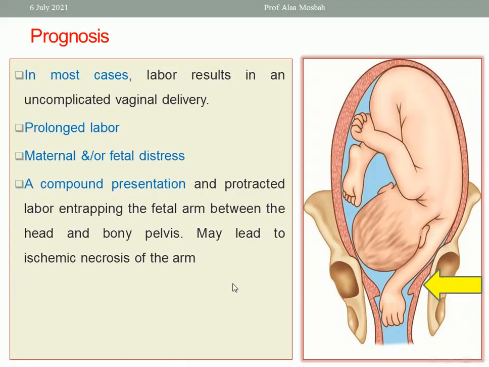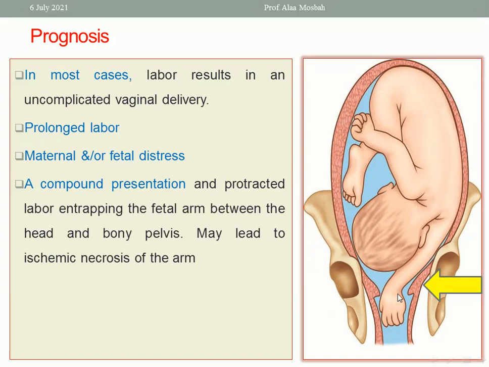What is the prognosis? In most cases, labor results in an uncomplicated vaginal delivery. Sometimes there is prolonged labor and maternal and fetal distress.